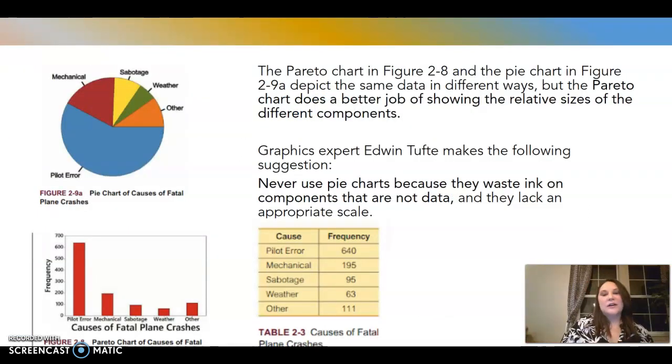So a pie chart is another way of displaying categorical data. And the expert in displaying data that this textbook is choosing to quote in this particular section really downplays the usage of pie charts. They waste ink even. This comes directly from the text.